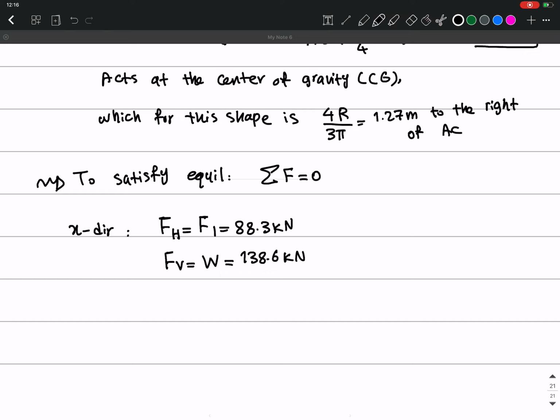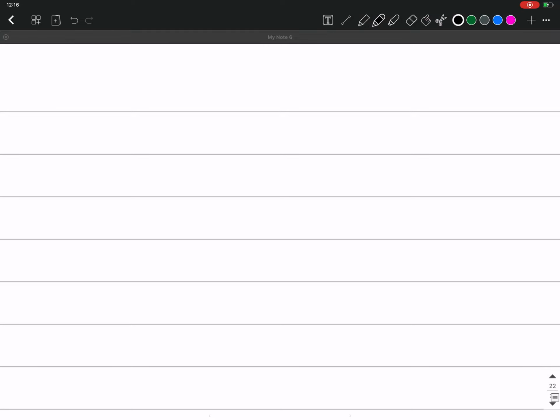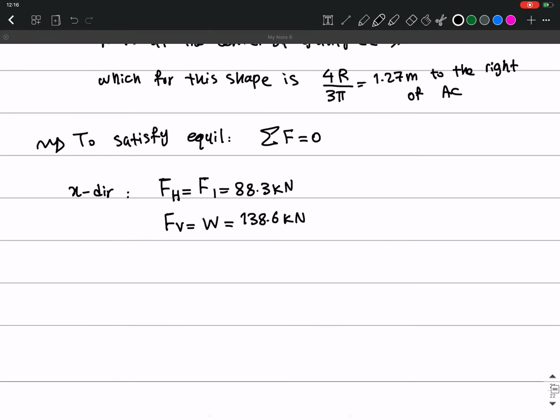So the total force is going to be something like this. We can calculate it as follows. We have a horizontal force and a vertical force, so I just need to calculate the magnitude of the total force, which is the resultant force on this.